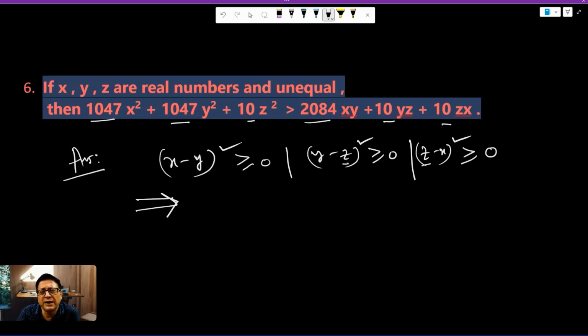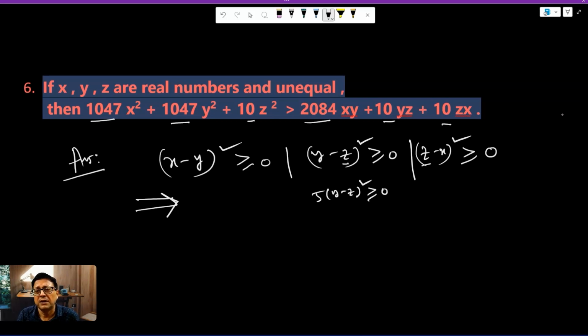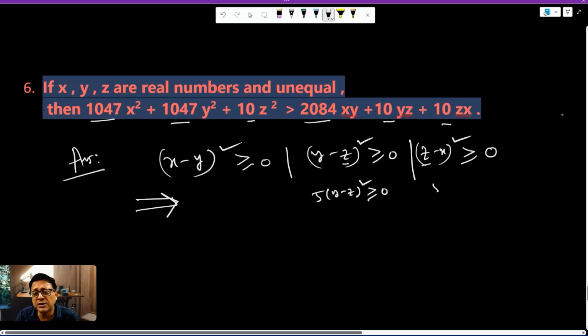But for the sake of 10z square, if I multiply this inequality by 5, then I'll get 10yz. And for 10zx, we multiply by 5.